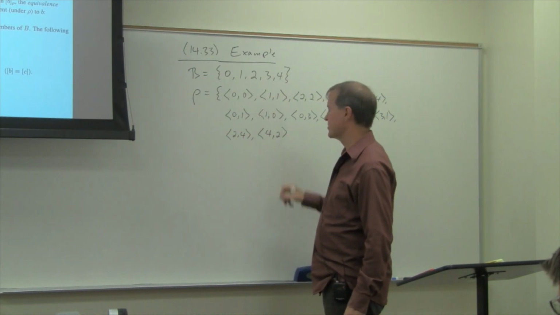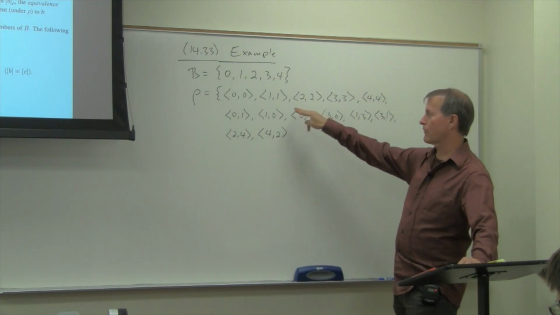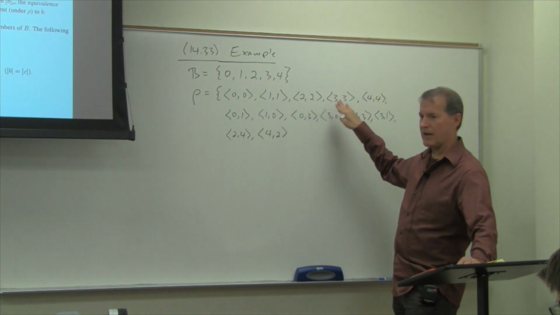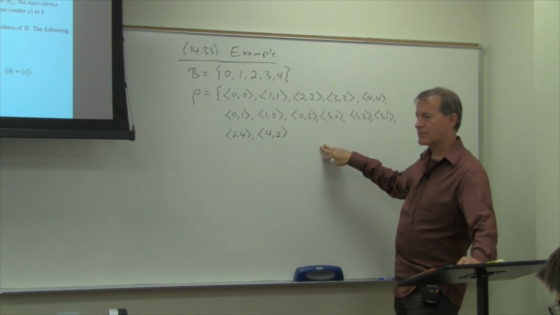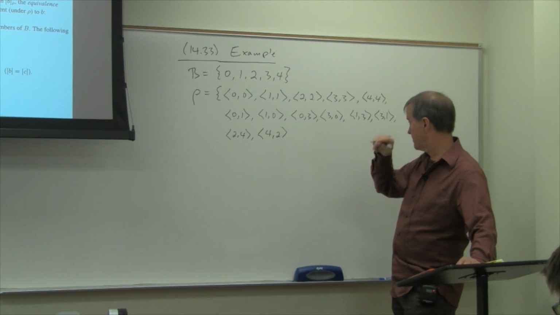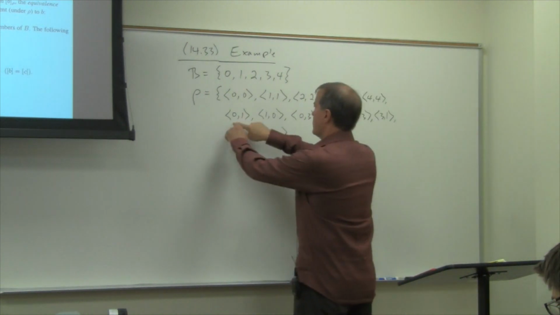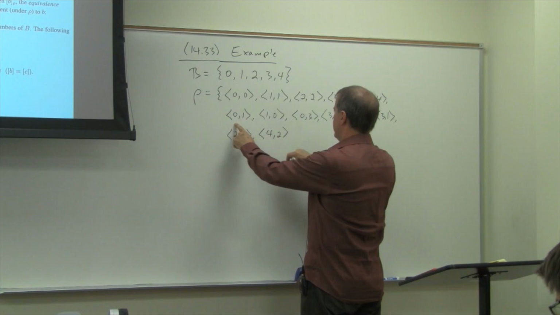Now here's my question. We know that this is already reflexive, right? We know it's symmetric. What about transitive? Well, there's a 0,1 and a 1,0. There must be a 0,0, and there is.